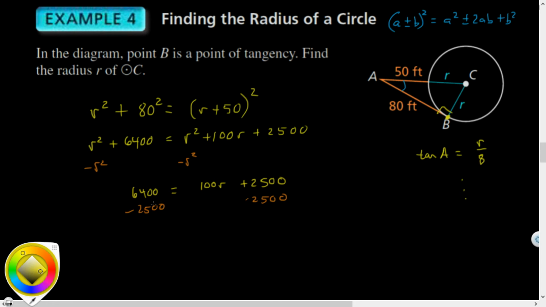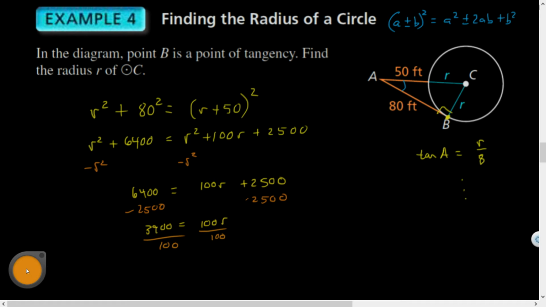Now, what I don't like is trying to subtract this in my head for some reason. 3,900. Okay, and then divide. So, guys, the last part of this problem has all just been algebra. So my R, which sometimes looks like a square root symbol, is 39. And I like that.